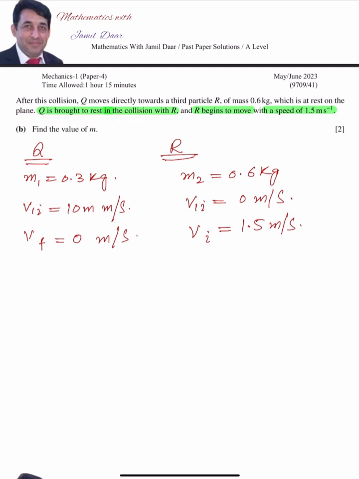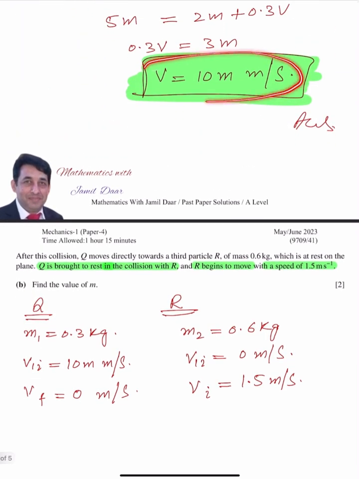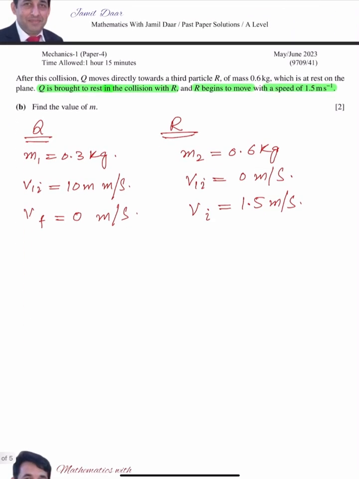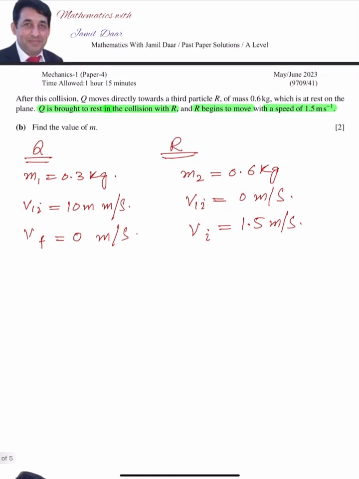Q was moving, as we did in part A, with the speed 10m meter per second. So that would be the initial velocity of the particle Q. Its final velocity will be 0 because Q is brought to rest in the collision with R. After collision with R, it will become at rest, so 0 meter per second.